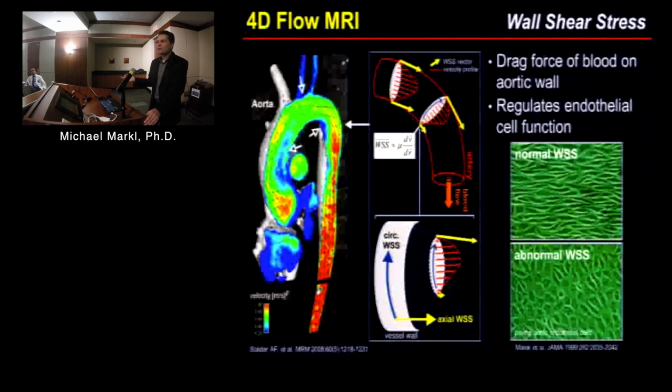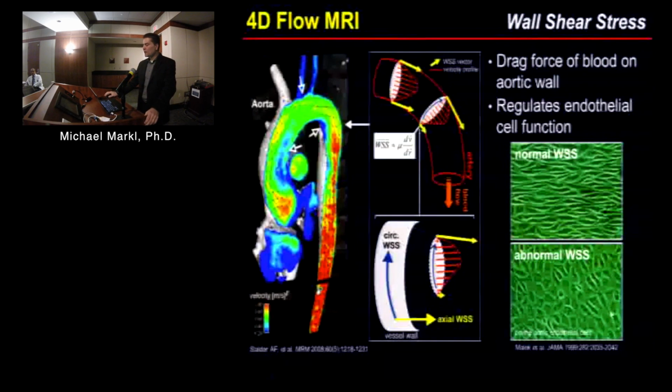What's important here is a process called mechanotransduction, which means wall shear stress can regulate endothelial cell biology, gene expression, and function. So it's not a force that directly impacts the wall, but it changes endothelial cell biology.